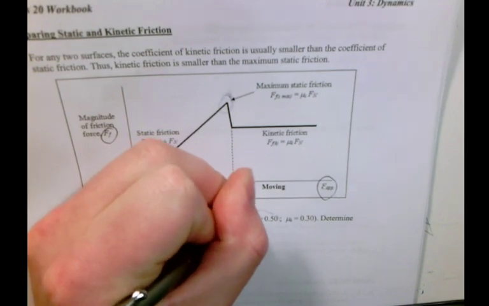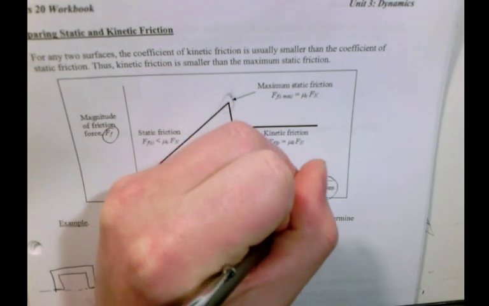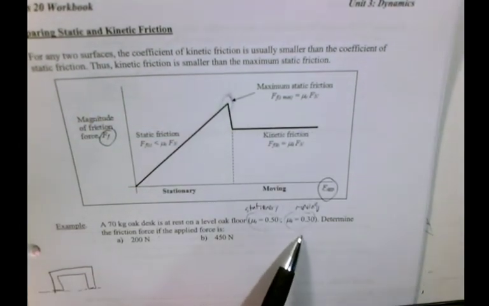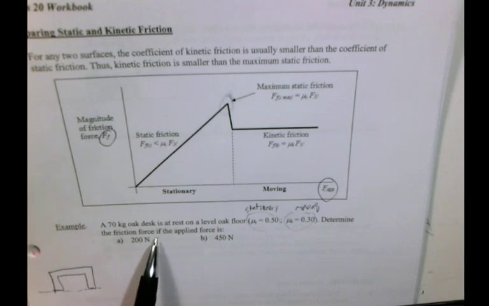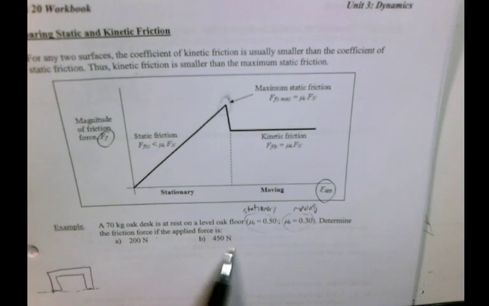So that's stationary or static. And this is when it's moving. And you can see our static is bigger than our moving, or our kinetic. We want to determine the friction force if the applied force is first 200 newtons and then 450 newtons, right?